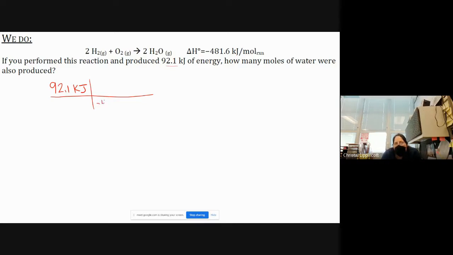We know that this is 48.1.6 kilojoules because we want our kilojoules to cancel. So we're going to put them on the opposite side. And that's every 1 mole of reaction. And for every 1 mole of reaction, no, 2 moles. Right here. Yeah, I see the 2.